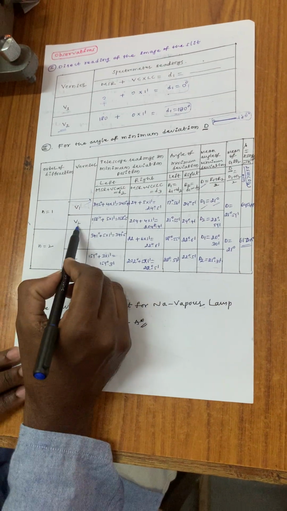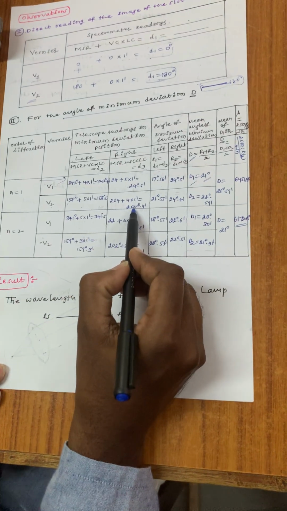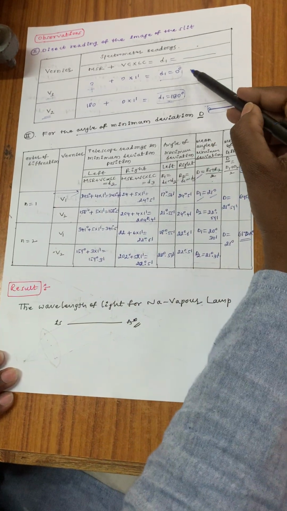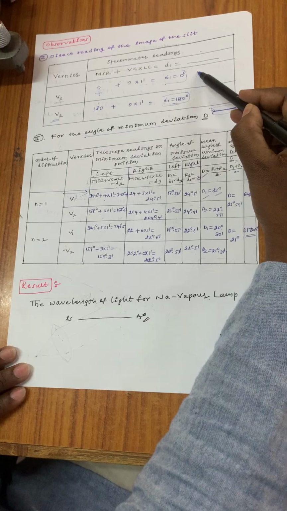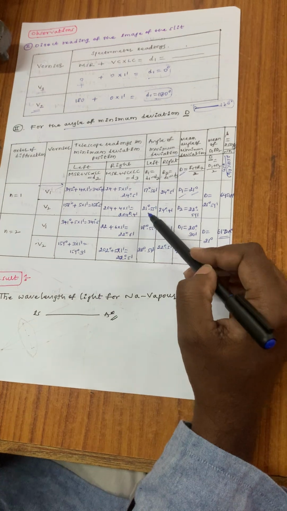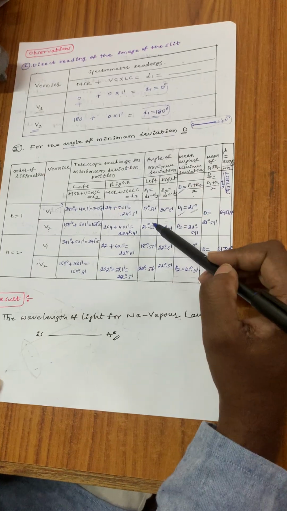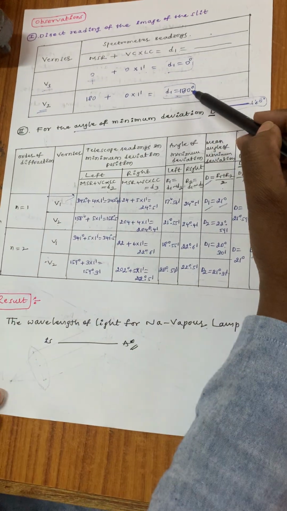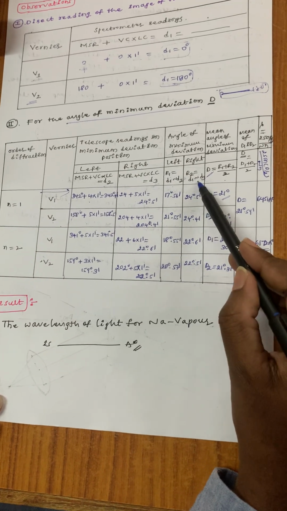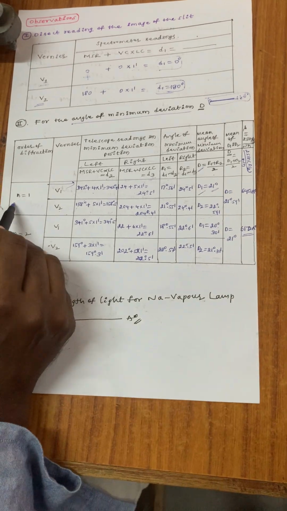Similarly, for vernier 2, you take the left side and the right side, that is D3 for the right side and D2 for the left side. Now you subtract from the direct reading V1 and the left side V2 reading, and you get R1. In the same way, you subtract the right side V2 and the direct reading V2, and you get R2. These are the deviation angles D1 and D2 for order 1.